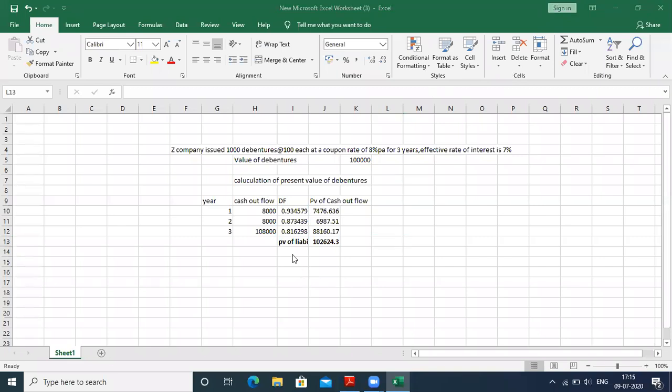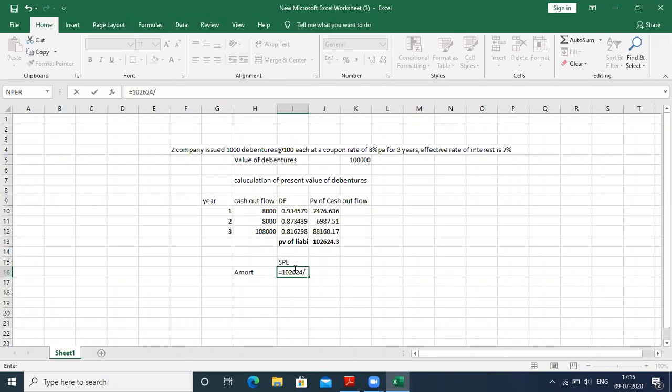Now, in the statement of profit or loss account, first we need to show amortization. So generally, how will we calculate the amortization? The total present value, that is 1,02,624, divided by the total number of years.